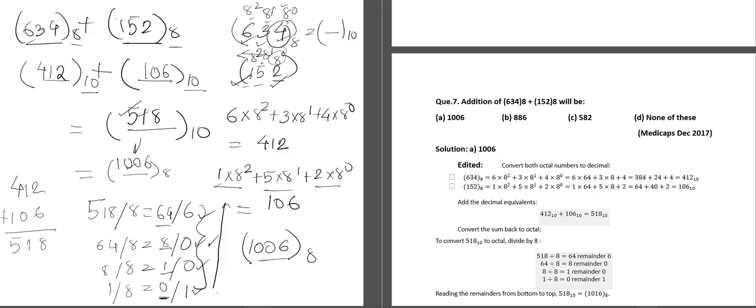So this will be our octal equivalent of the addition of 634 plus 152 in octal number system, and we are getting this number from the decimal equivalent of the addition of the two decimal equivalents of 634 and 152. So in this case our correct option will be option number A.